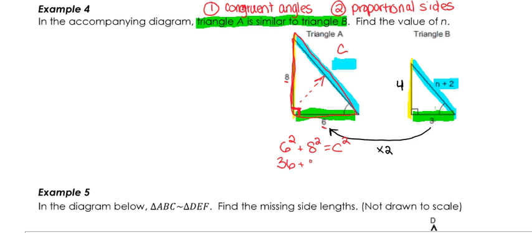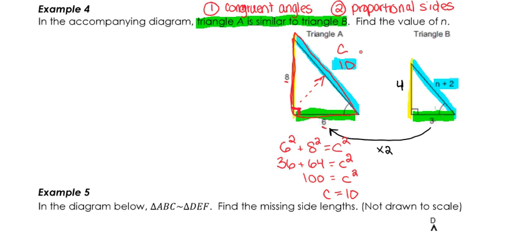Or in other words, 36 plus 64 is equal to c squared, or 100 is equal to c squared, and c is equal to 10.